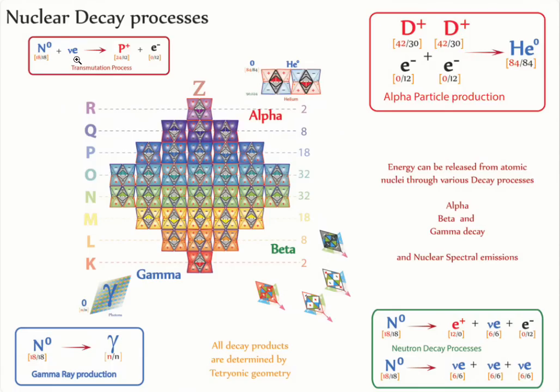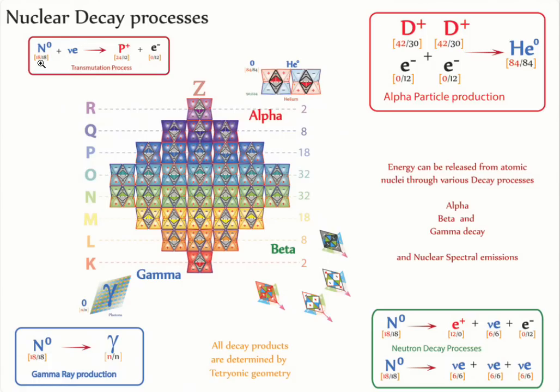In fact, what Tetryonics shows is that the free electron, when it's detached from the nucleus, is within a very short period interacted with by free neutrinos in the environment. These neutrinos stream from the sun or other nuclear processes, but predominantly from the sun in our environment.